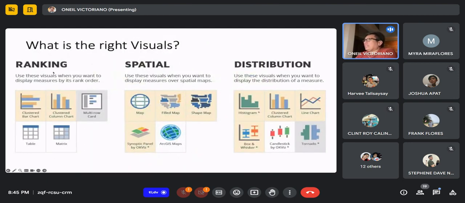Also for ranking, you sort: multi-row card, table or matrix table for detailed views. Spatial is for geolocation, like maps, shape maps or filled maps. Distribution is more on histogram, clustered, and line chart.